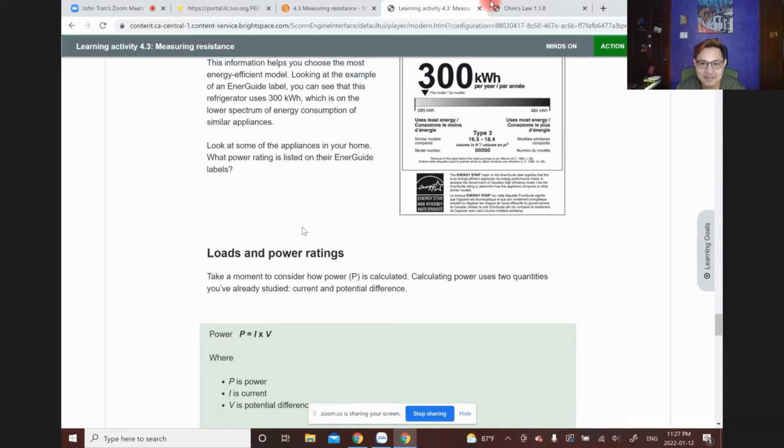Similar model compared. Sooner or later you have to learn French if you want to go to Canada. No, maybe just Quebec, like the Quebec region. Yeah, I know that.